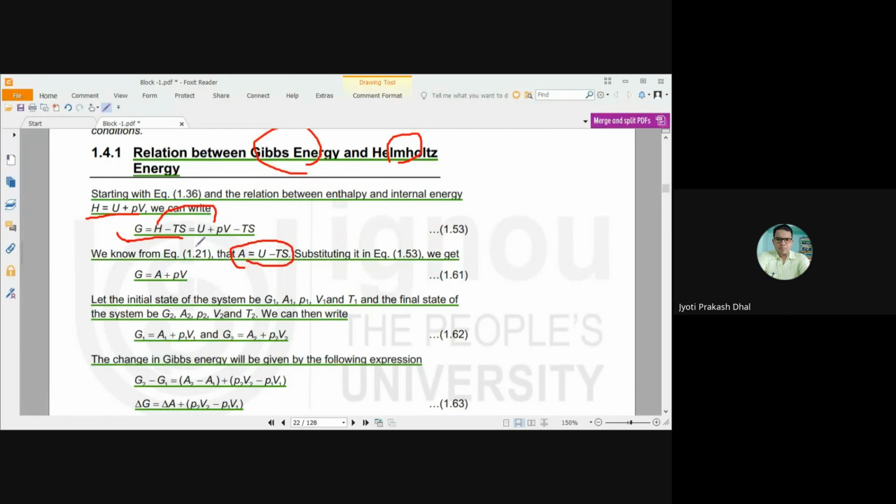So if we rearrange this equation 53, G equals H minus TS. Now in place of H, we can write U plus PV. So G equals U plus PV minus TS. And again you remember A equals U minus TS. So in place of U minus TS, we can write A. So G equals A plus PV.